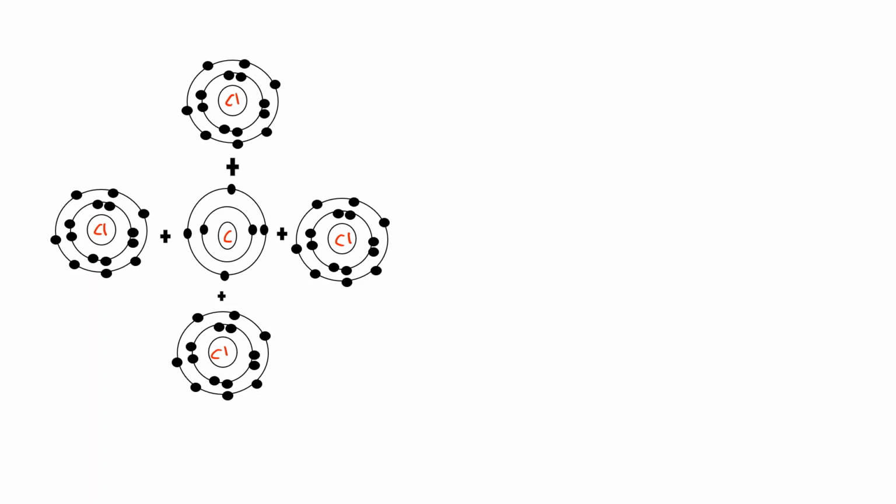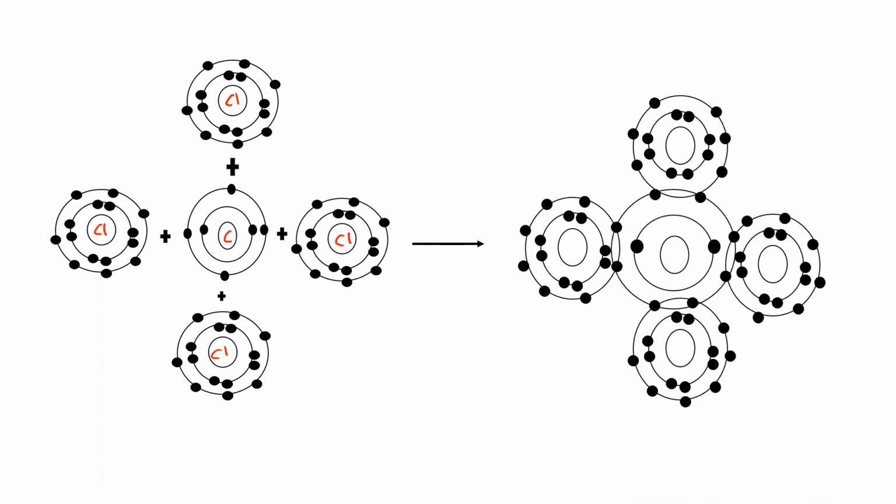So this carbon shares electrons with 4 chlorine atoms and attains the stable electronic configuration of the nearest noble gas, that is neon, whereas chlorine shares electron with carbon and attains the stable electronic configuration of argon. So here there are carbon-chlorine single bonds, and it is represented in this fashion. So I have 4 carbon-chlorine single bonds. Thank you.